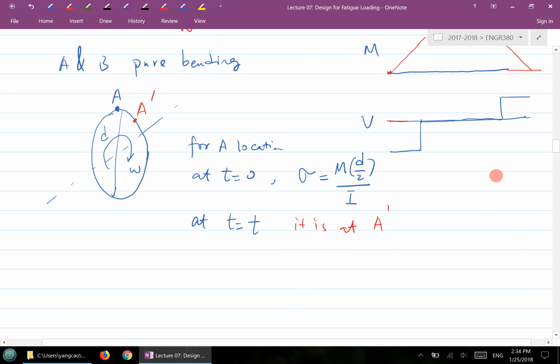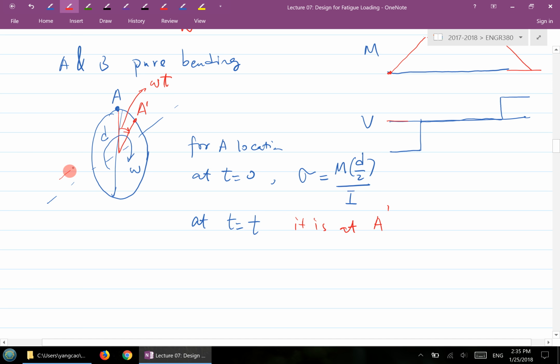At A prime location, what will be the value of the stress? Let's say it is initially here and then rotates to here. This much rotation is omega t, that's how much angle it has rotated.